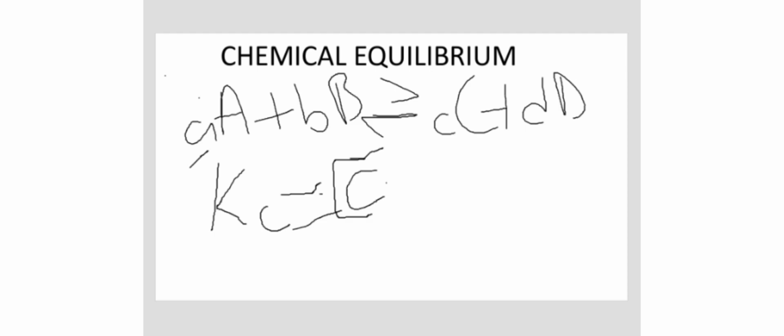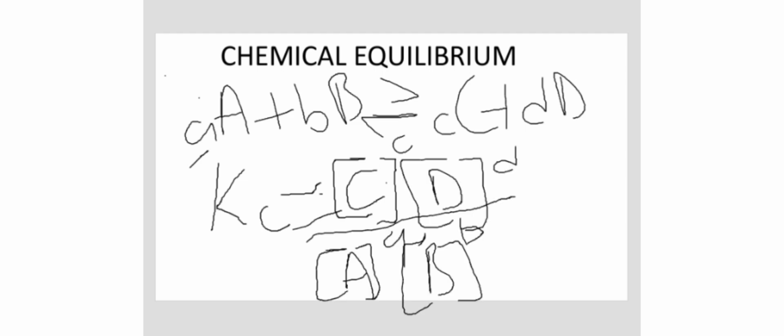We start with the products over the reactants. After putting the capital letter, the small letter goes on top. So this is how we write the equilibrium expression.